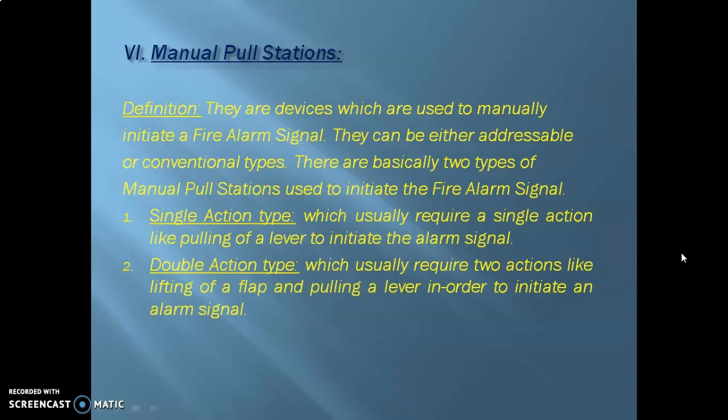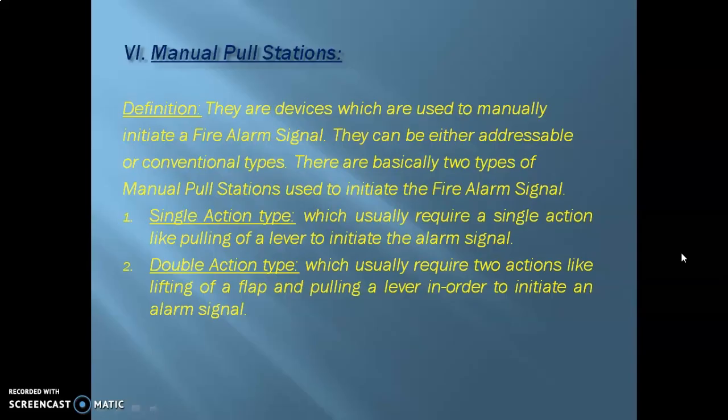Now, there are basically two types of manual pull stations that are used to initiate the fire alarm signal. First is the single action type, which means that these manual pull stations will usually require a single action, like pulling of a lever, to initiate the fire alarm signal.